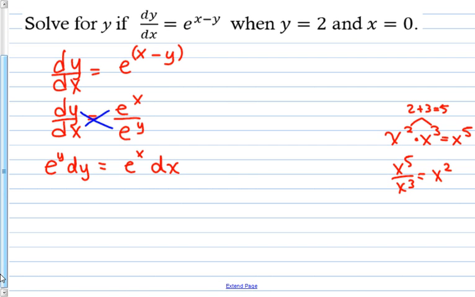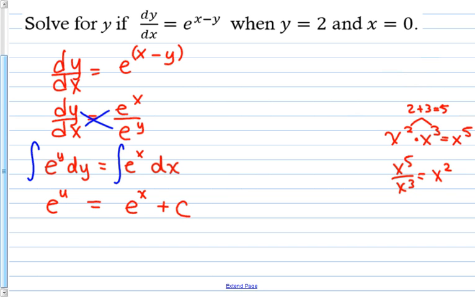All right, so now that I have separated the variables, the differentials, I'm going to integrate. Integrating e to the y is just e to the y, and integrating e to the x is just e to the x plus c.